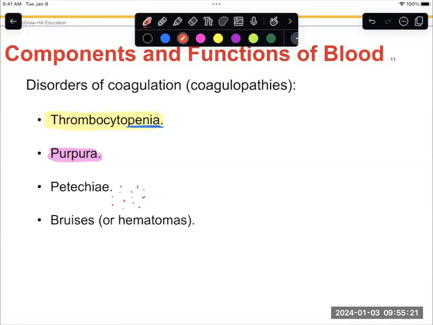Bruising or a hematoma are leaks from blood vessels from all types of blood vessels. It's not specific to arteries, veins, capillaries, arterioles, venules. It's just any blood vessel that can cause this bruising or hematoma. While this purpura has to do with arterioles specifically.